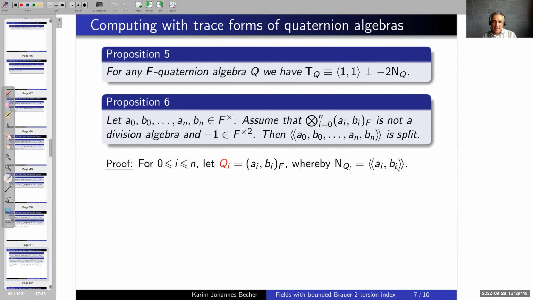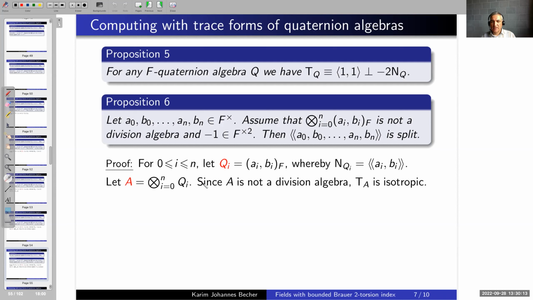So therefore the n plus 1 fold Pfister form that I'm talking about here in the conclusion is the tensor product of these norm forms of the quaternion algebras. But let's now look at this tensor product of the quaternion algebras, and let's look rather at the trace form. Since A is not a division algebra, we know that this trace form is isotropic.